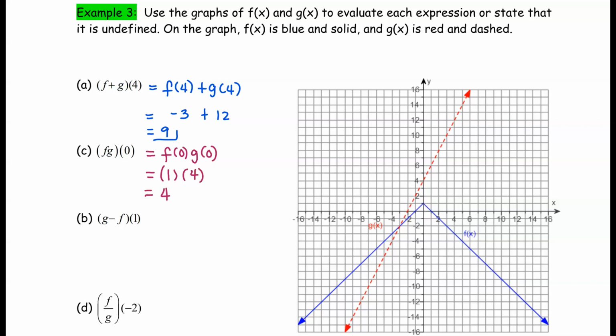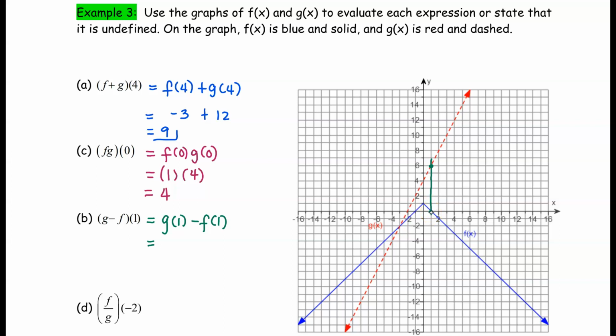Next, let's evaluate g minus f at 1. This is equal to g at 1 minus f at 1. Now g at x equals 1, this point here. Okay, so let's make a line. So at this point, that is g at 1, and this is f at x equals 1.